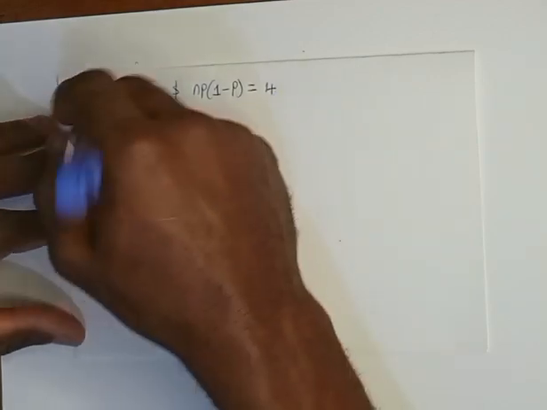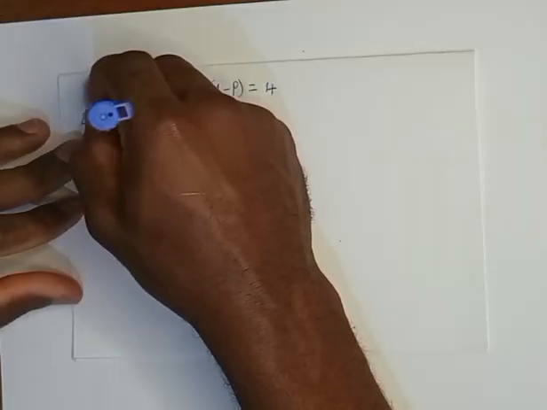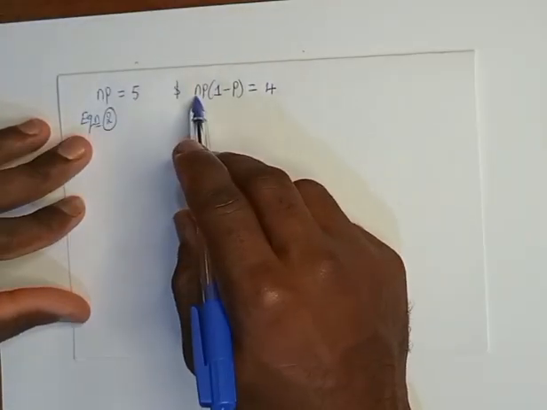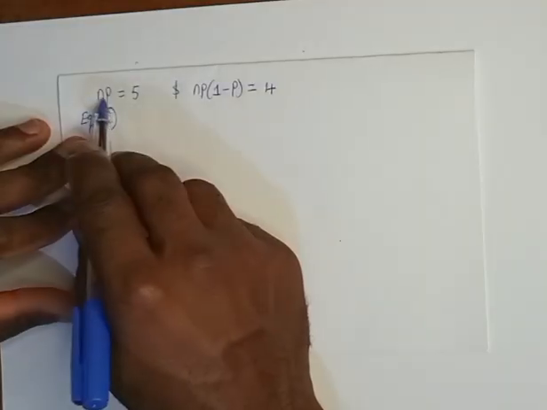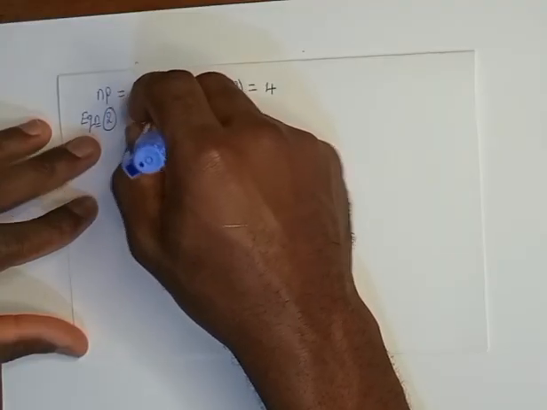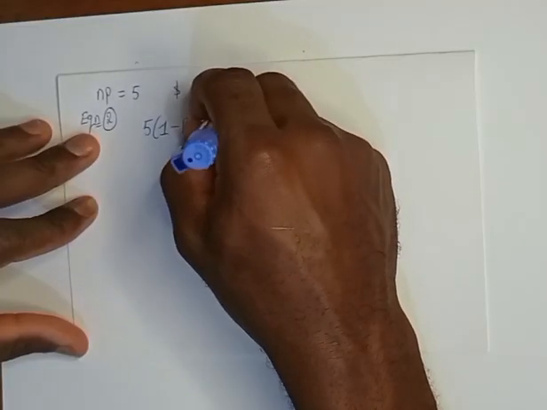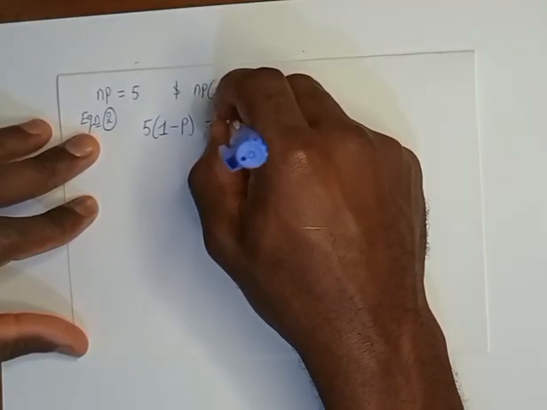In equation 2, we are going to replace this np with 5. This will give us 5 times 1 minus p is equal to 4.